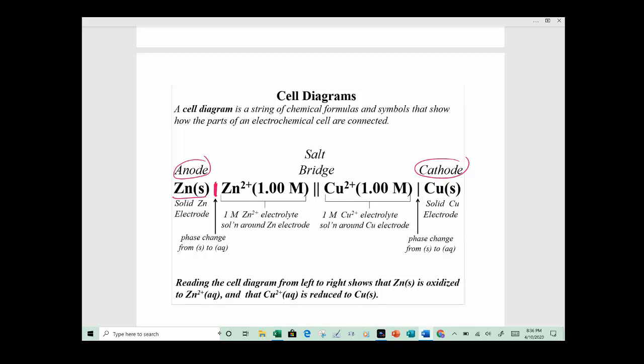And in that aqueous phase we have 1 molar zinc ion. This is the first half cell. It's separated from the second half cell by a salt bridge. And the aqueous phase in that second half cell contains copper ion at 1 molar, and there's the phase boundary between that aqueous solution and copper solid in the cathode electrode.